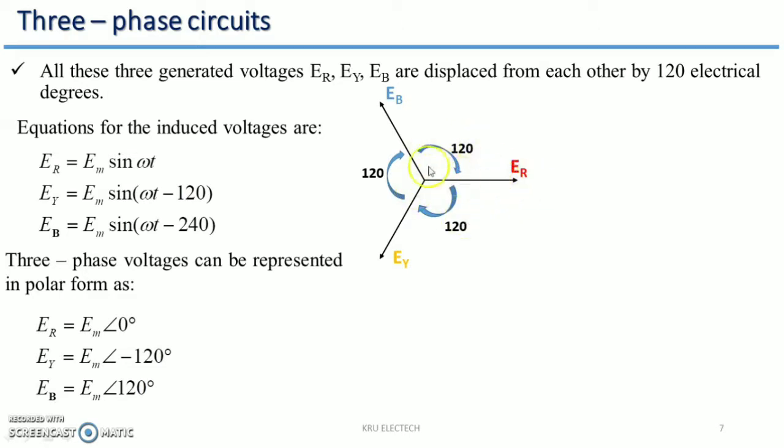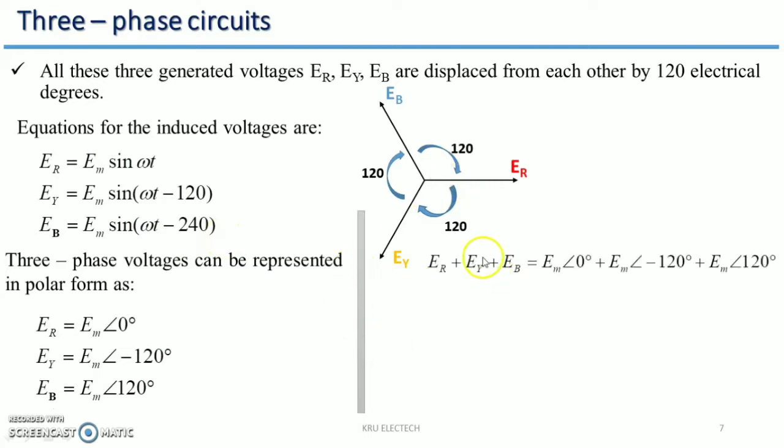So ER, EY and EB. ER is the reference, then 120 lagging, another 120 lagging, so you obtain EB 240 apart from ER, and EY is 120 apart from ER. So here is minus 120 and here is minus 240.